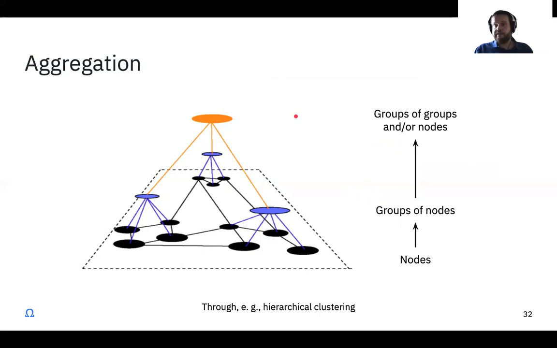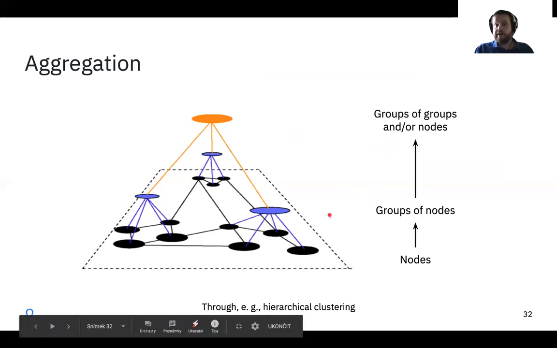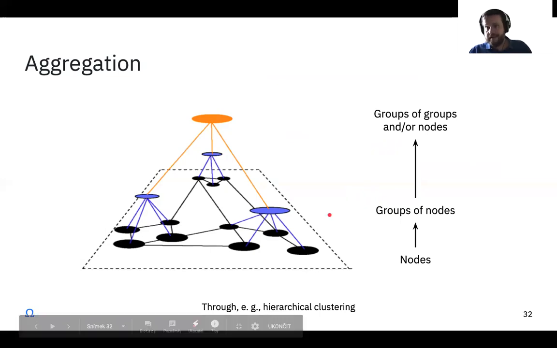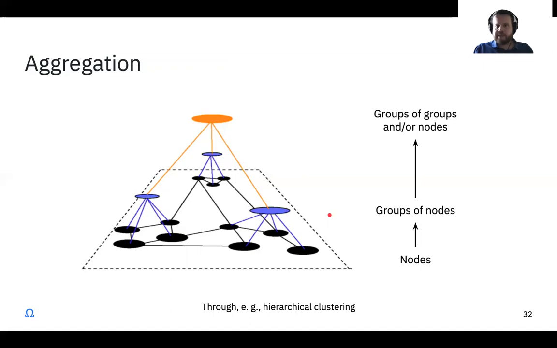So aggregation is almost always a good idea if you can achieve that. You can do this through, for example, hierarchical clustering, but there are other methods. Sometimes it's a direct property of the data, but aggregation is always a very powerful technique for clutter reduction as well as interaction. So there's the abstract elaborate interaction, if you recall.